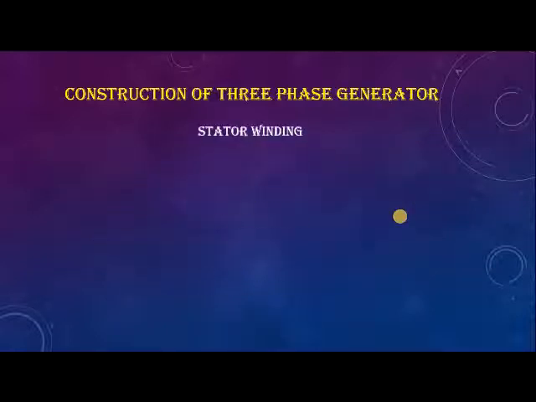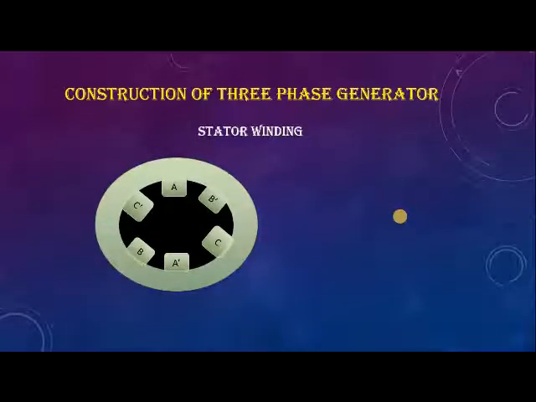So next to that we will be having the stator winding. First, in the projected teeth type of stator, how do we place the stator winding? So this is the projected teeth type. We have 6 teeth: A, A dash, B, B dash, C and C dash.